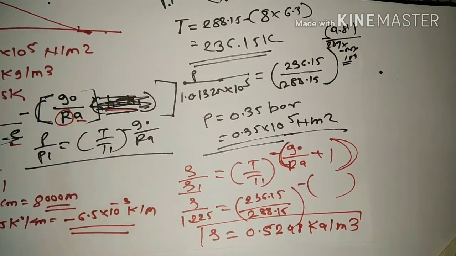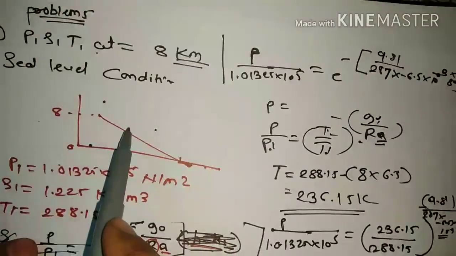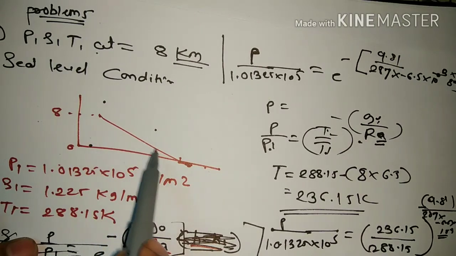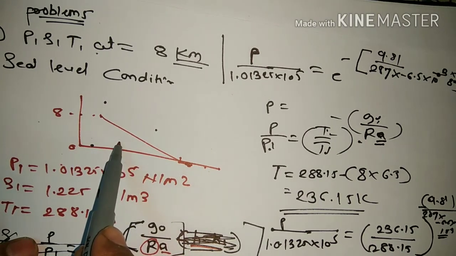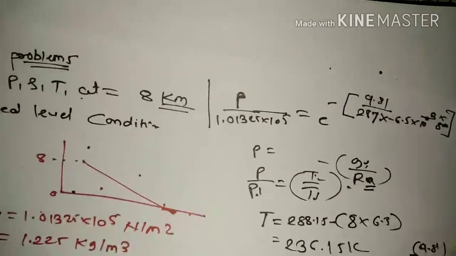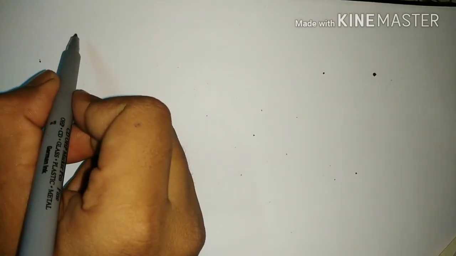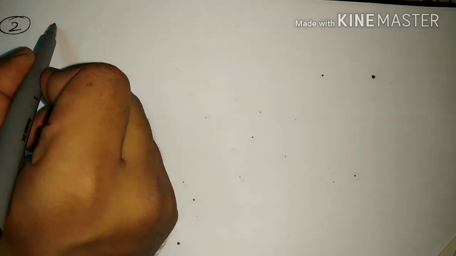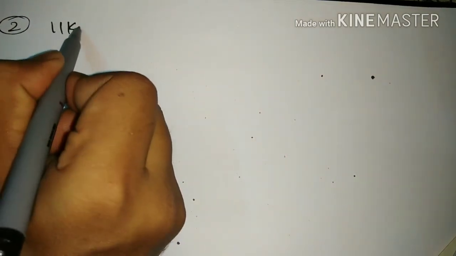This is what we use for the troposphere. Now we are going to find the values for the pause conditions, like tropopause and stratopause. We use this equation with some changes, now in the second problem, the region from 11 kilometer to 25 kilometer.